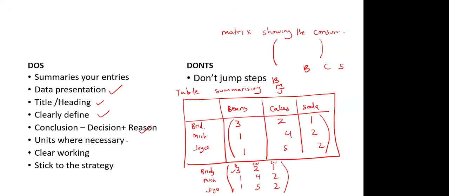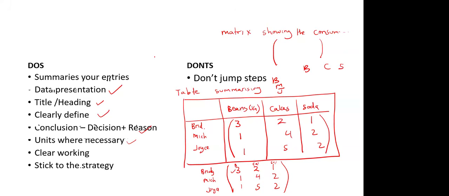Then what we have as units, where necessary. Take an example. These are beans, these are cakes, and these are sodas. Maybe in case of beans, Bridget was buying in kilograms, they may ask you at the end of the day, what was the total of each of the ingredients they bought? So here, like beans, in case these were given in kilograms, then you are going to say 3 plus 1 plus 4.